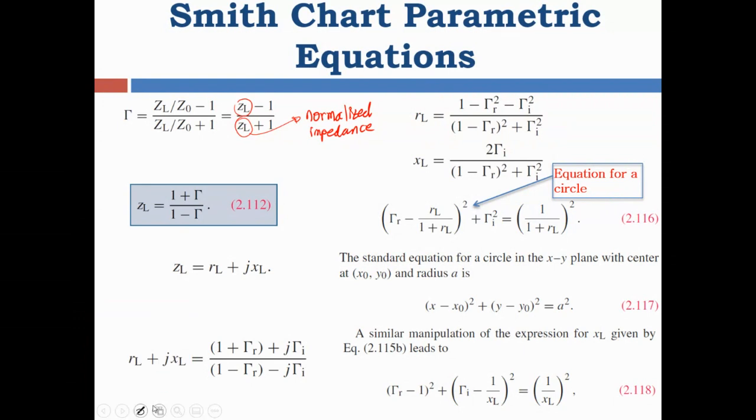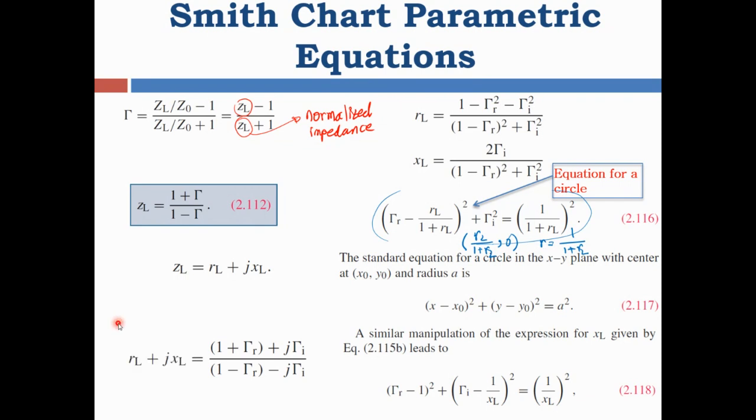As I said, the center is going to be at RL over 1 plus RL, the real part of the normalized impedance, comma 0, and the radius is going to be 1 over 1 plus R sub L. Okay, so that is the equation of a circle, equation 2.116, with a center of this and a radius of that.